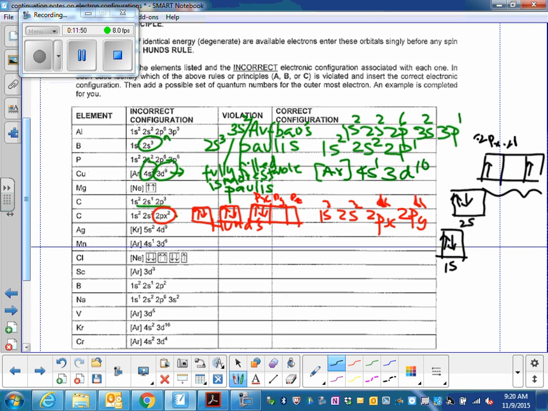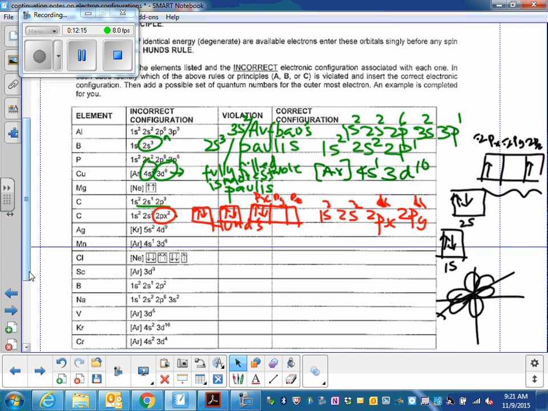This is the 2py. And that's the 2pz. Remember, the p orbitals are the 3 orbitals that are the dumbbell-shaped orbitals. Remember them? And I can have them go into any one of the 3. They're equal energy orbitals, and they can go into any one of them.